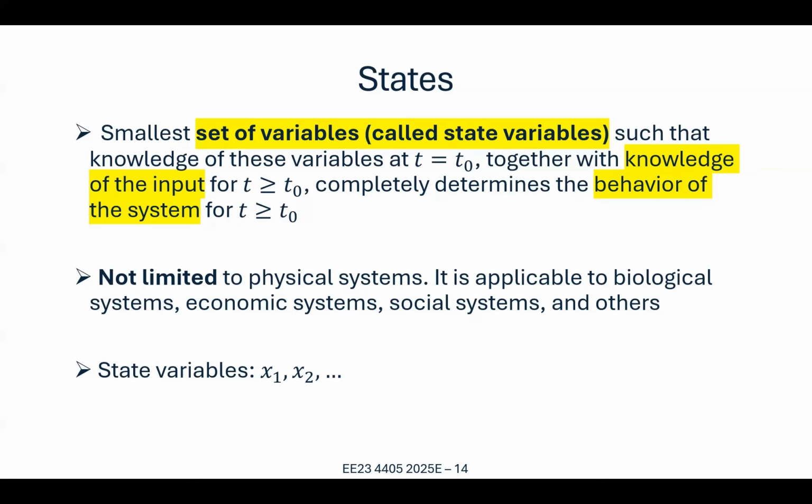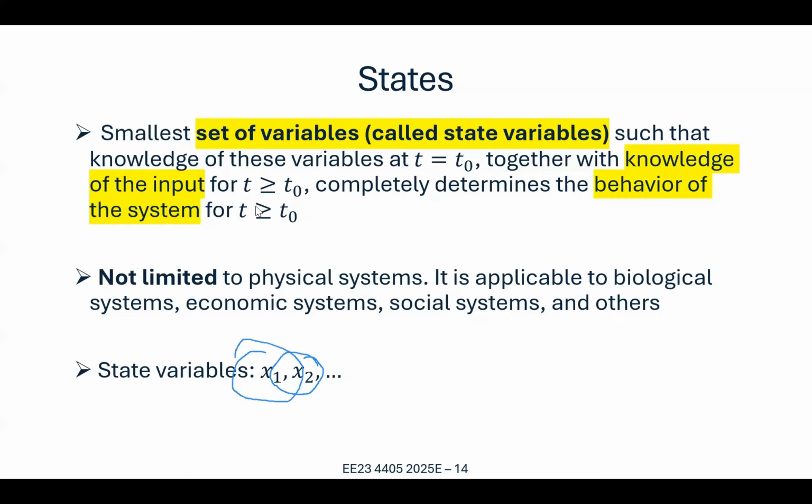As long as they can be modeled with a transfer function, they could also be modeled with states. And the state variables that we use here are x1, x2, and others. So basically what we mean by the states are these variables, x1, x2, and others.